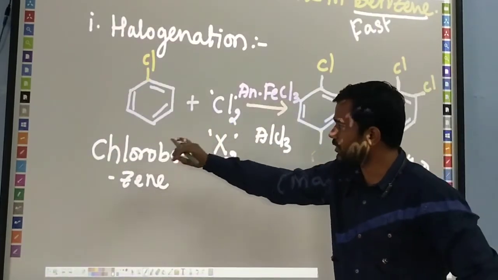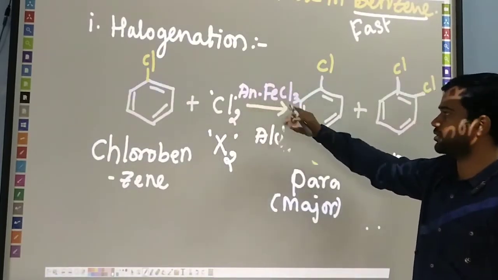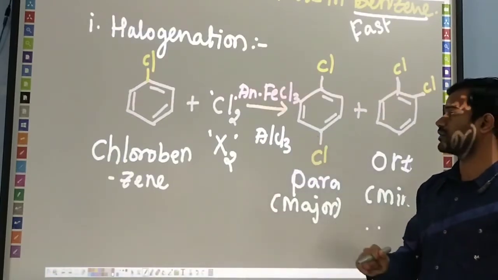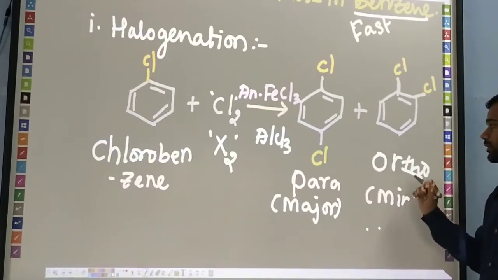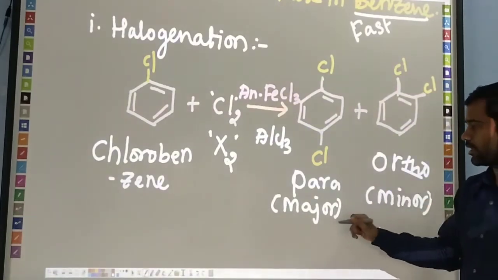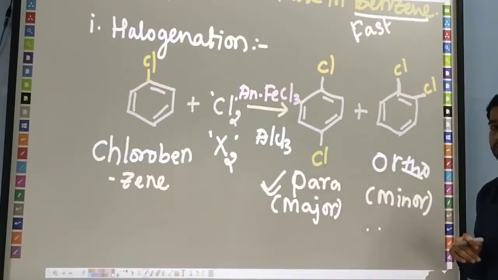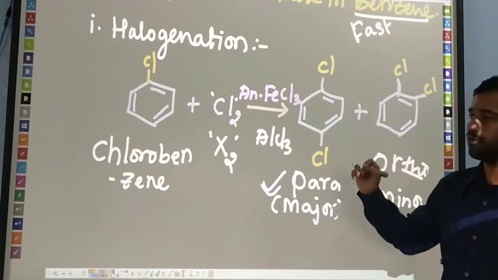Chlorobenzene is going to react with chlorine gas or any halogen gas in the presence of anhydrous FeCl3 or anhydrous aluminium chloride, which is going to form the para product and the ortho product. Here the para product is considered our major product. The ortho product is considered our minor product. Can you tell the name of this product?